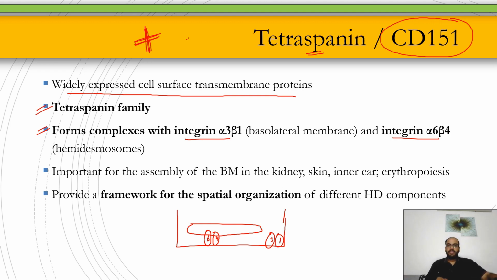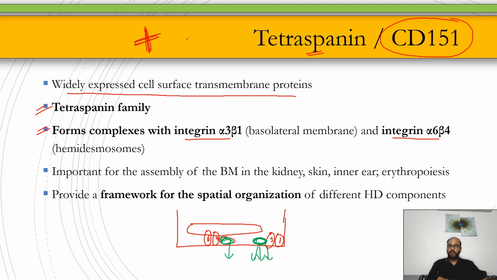And CD151 will attach to both of them. Let me change the color. CD151 will attach to both of them and provide further stability to the attachment of the cell to the underlying tissues. If it attaches to the hemidesmosome, then the hemidesmosome will grow stronger. If it attaches to integrin alpha 3 beta 1 without the hemidesmosome, then also it will act as further points of attachment.